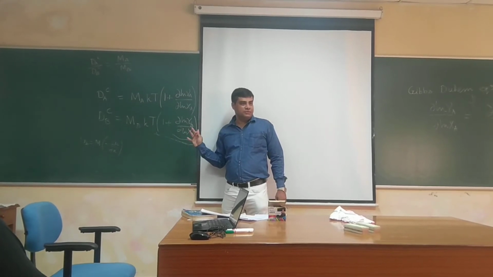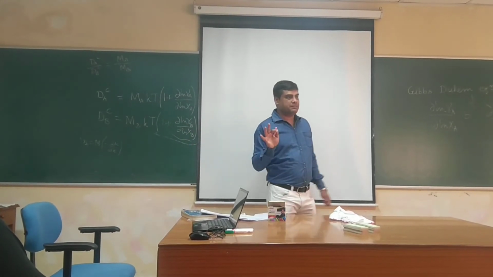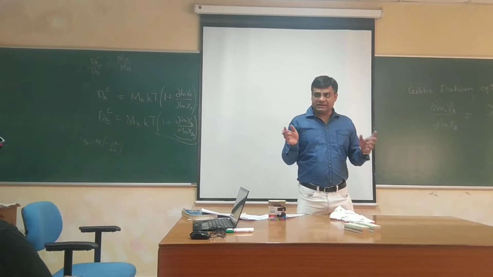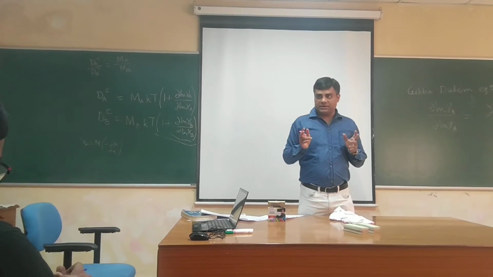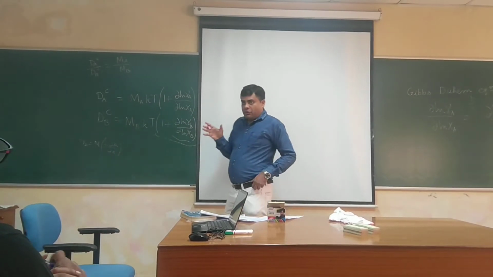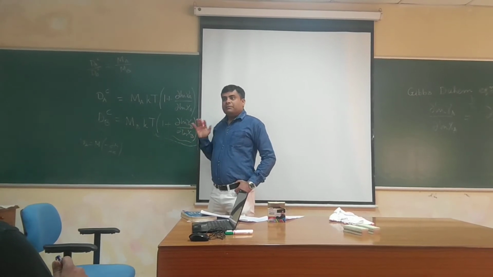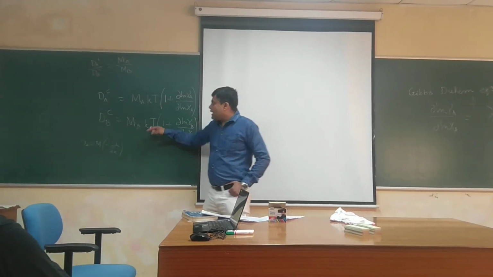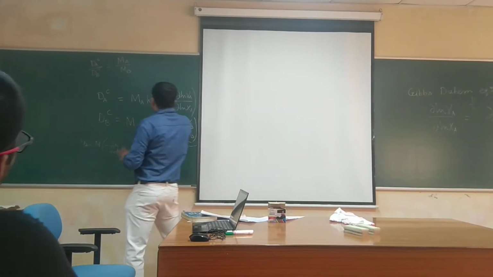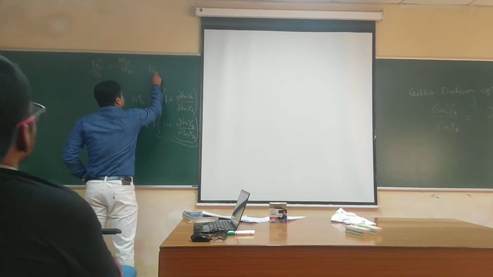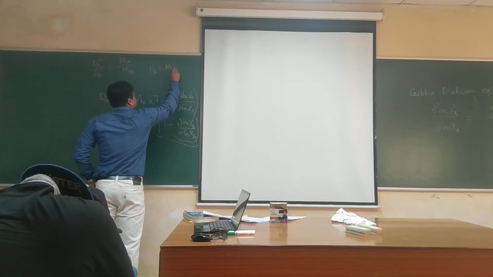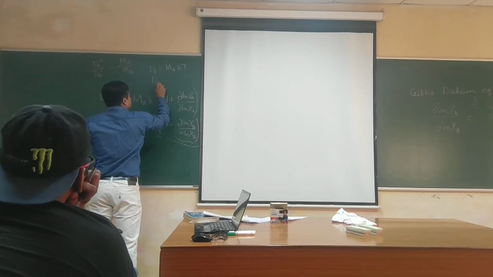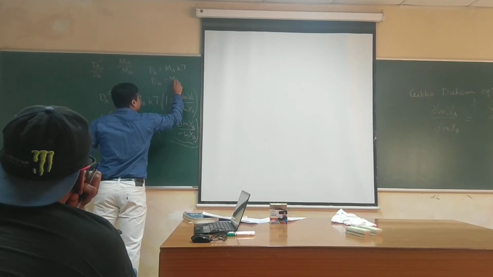This becomes zero. For the tracer diffusion coefficient measurement using a small number of radioactive isotopes in a homogeneous alloy of a particular composition, because it is a homogeneous alloy, composition variation is not coming into picture, so this factor becomes 1. Actually for tracer diffusion coefficient DA should be MAkT and DB equal to MBkT.